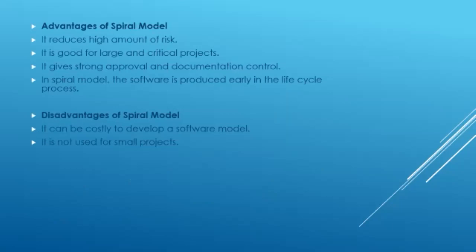That means in a spiral model, the software is produced early in the life cycle process. There are some disadvantages of spiral model. It can be costly to develop a software model. That means spiral model is simply costly and it is not used for smaller projects.